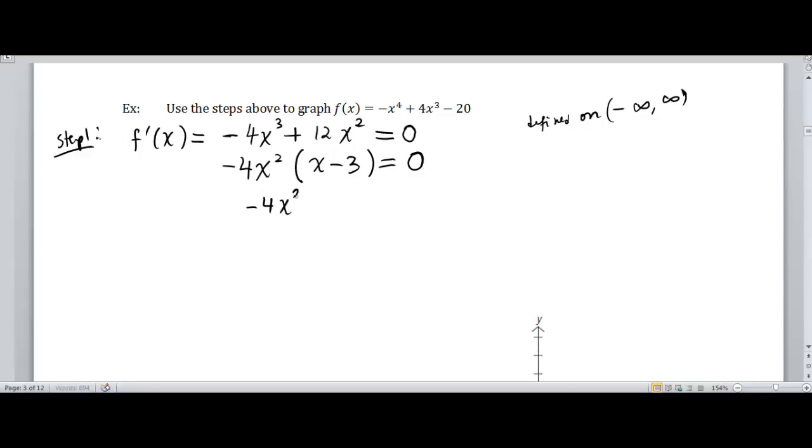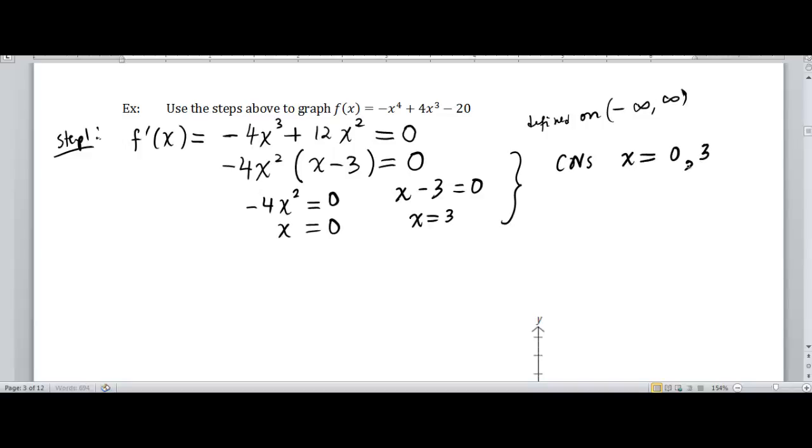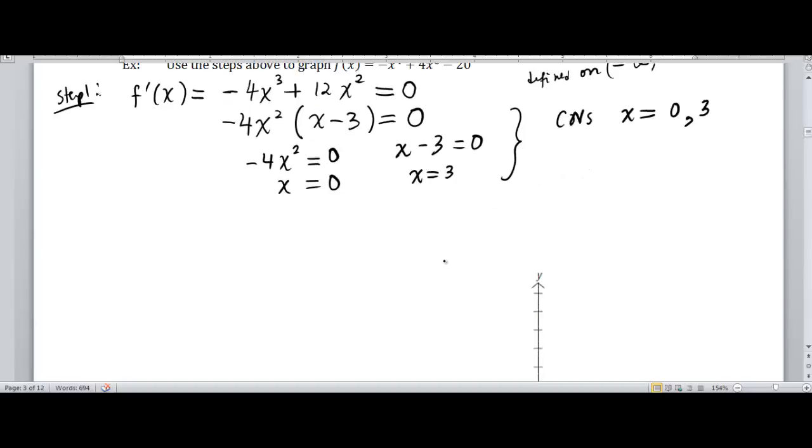Now be careful, I'm going to write this middle step in here because people forget to do this part. That means x equals 0. So I have two roots, or two values where x equals 0, from x squared, and I have one value where x equals 3. Okay? So what are my critical numbers? x equals 0, comma 3. Okay? That was the first step.